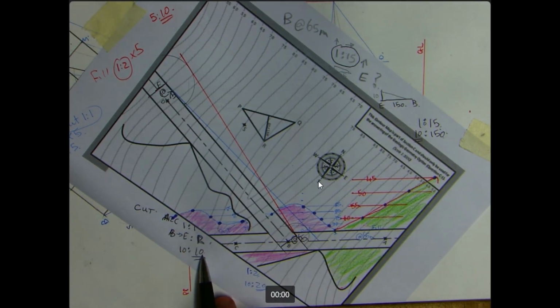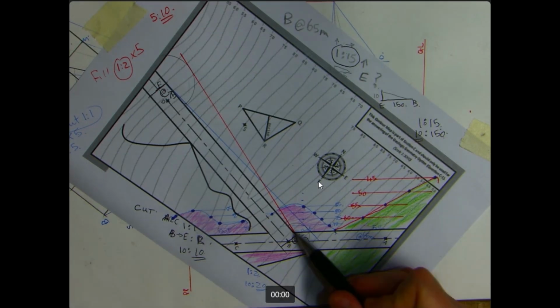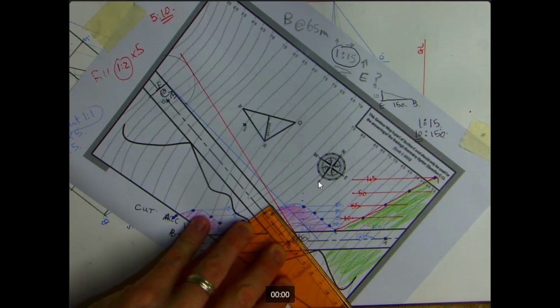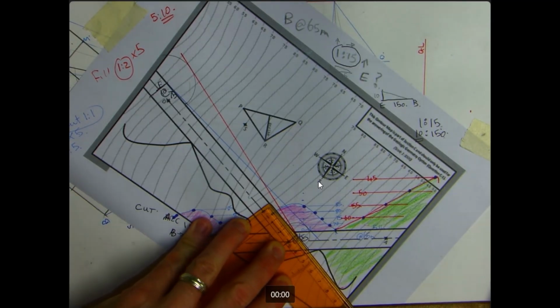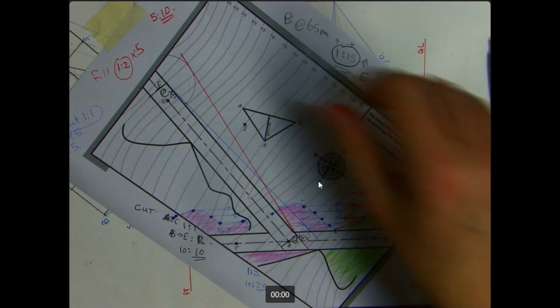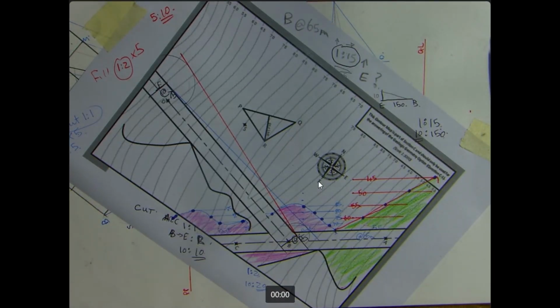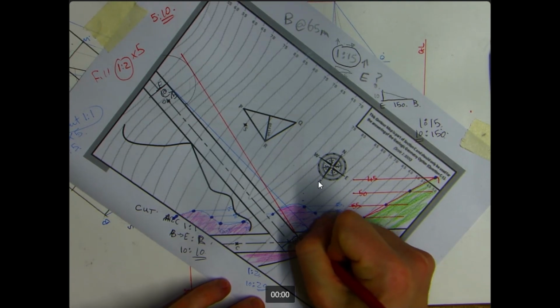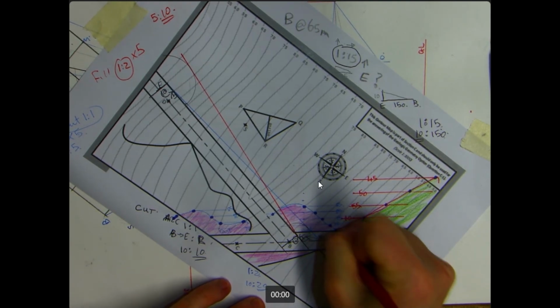So the radius for cut arc is 10 millimeters. So down here, I measure that to be 10 millimeters from the edge of the road out. Okay? That is a radius of 10. Let me just write that in.